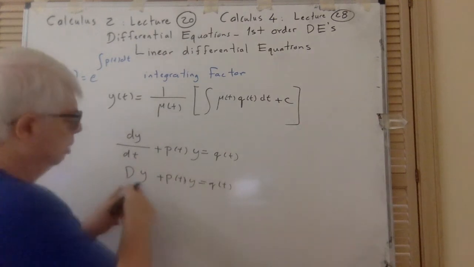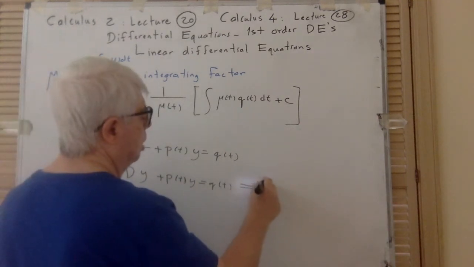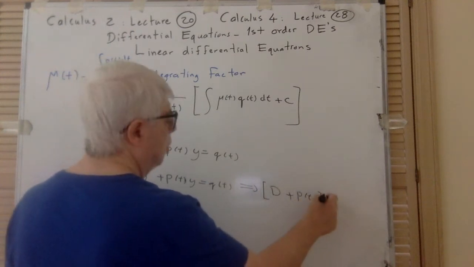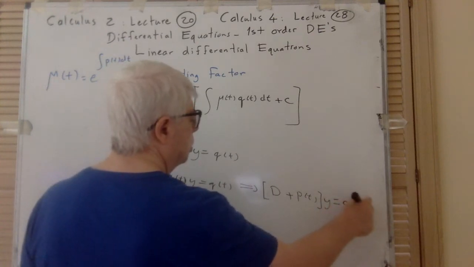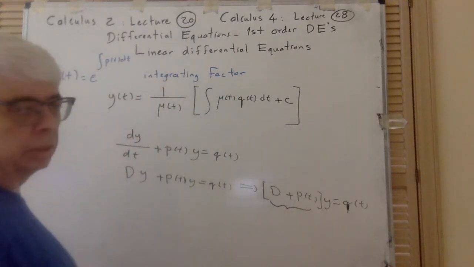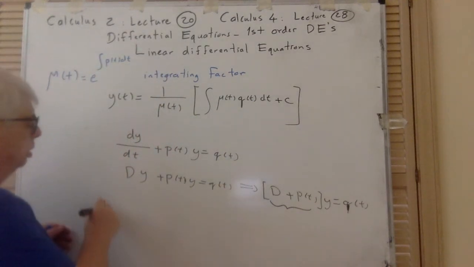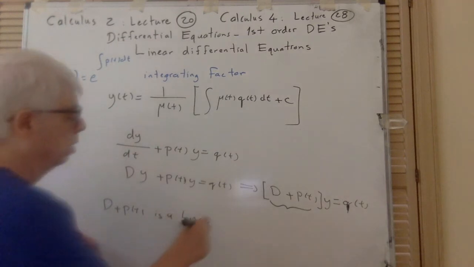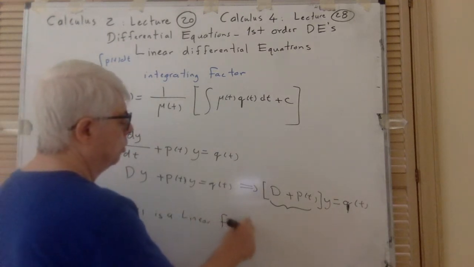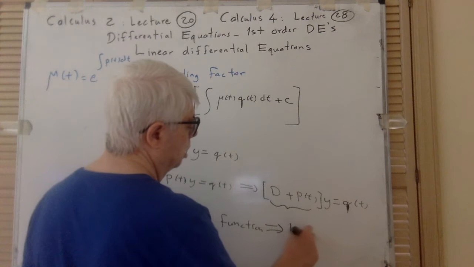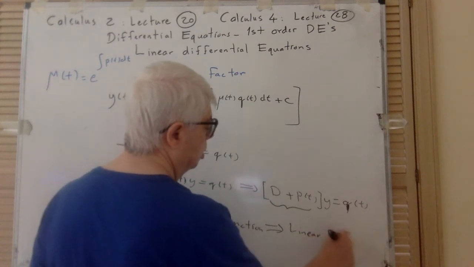I can write this as an operator, D plus p t applied to y equals q t. Remember, this guy here is in fact a linear operator. So D plus p t is a linear function, and since this is a linear function, it gives me a linear differential equation.